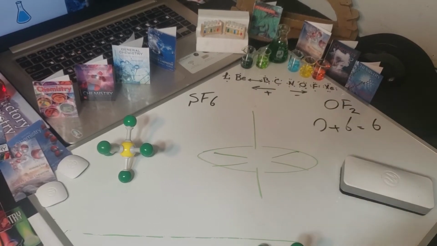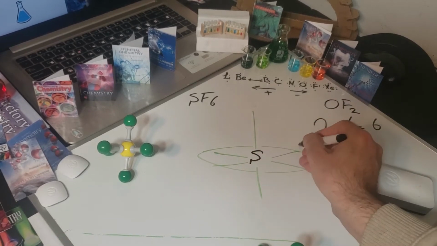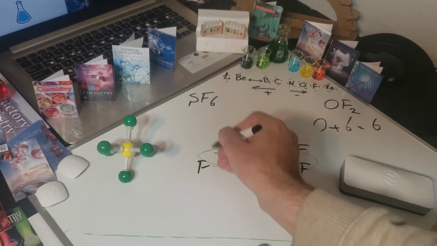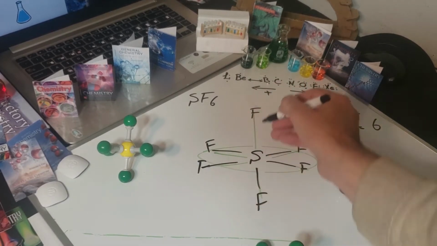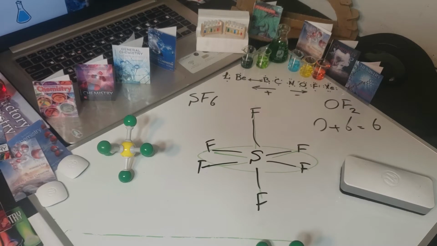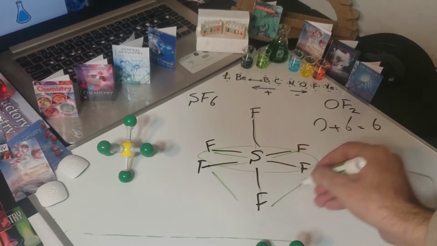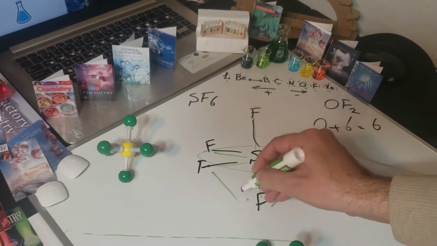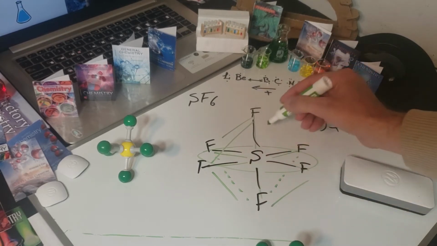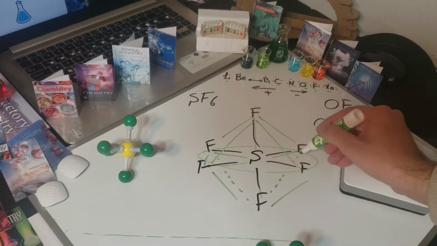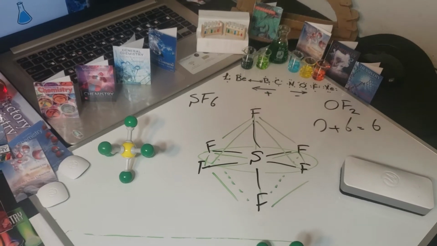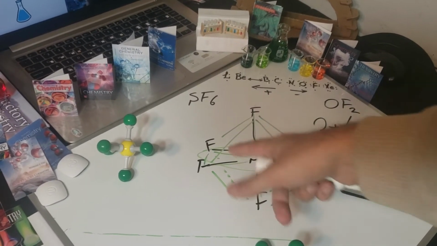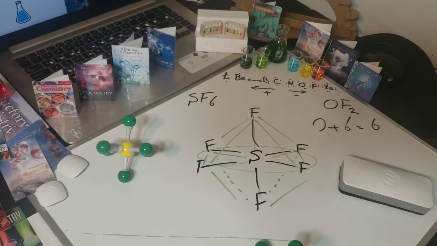In the middle, in the center, I put sulfur, and I do the fluorines, the fluorine on the top, the fluorine on the bottom. That's this. Now I could do this, which makes it more like an octahedral framework, but you really don't have to do this. It's fine to just draw the planar in-plane position and then the actual positions.